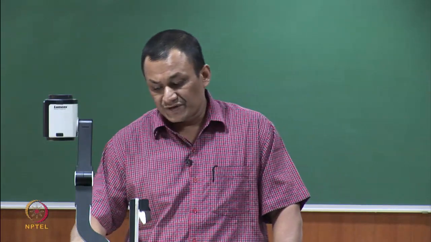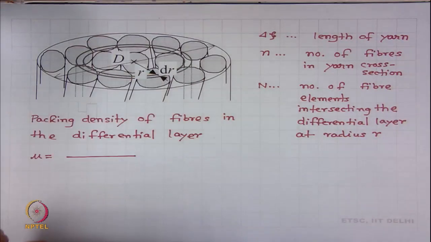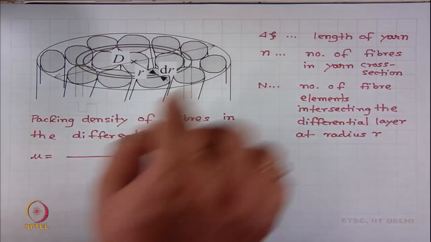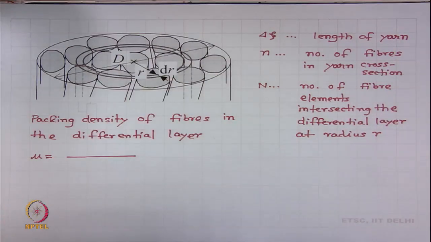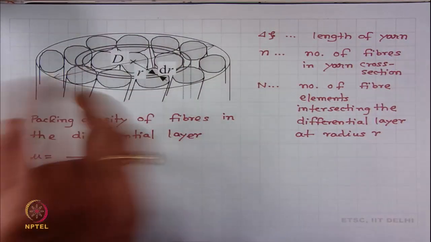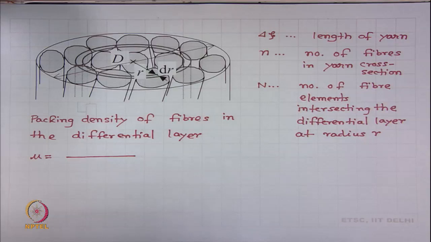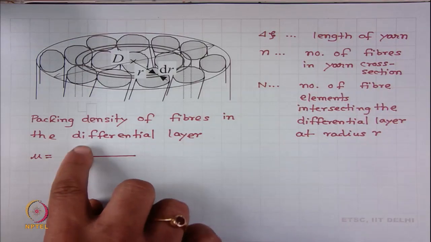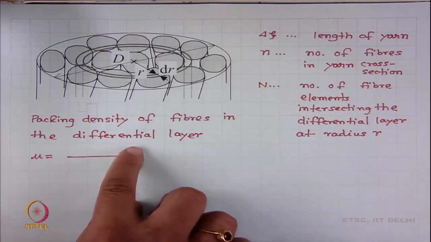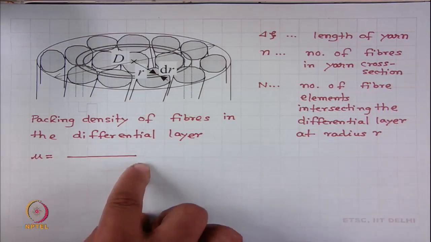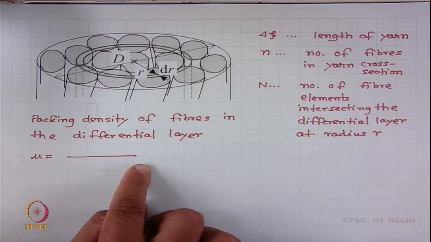We are talking about this differential layer. So, area occupied by yarn means area occupied by this differential layer, and within this differential layer, what is the area occupied by the fibers. So, area occupied by fibers in the differential layer divided by area of the differential layer, that is the packing density.